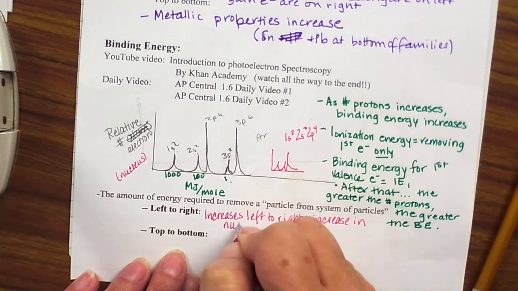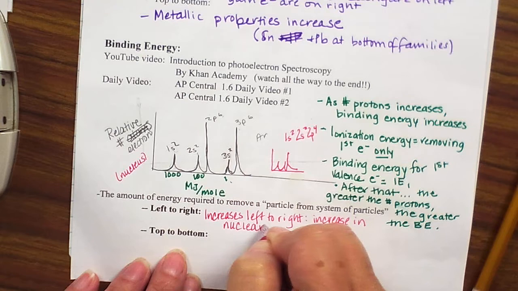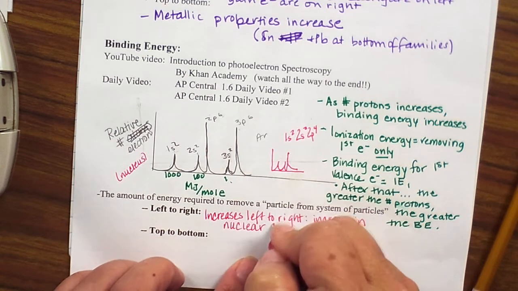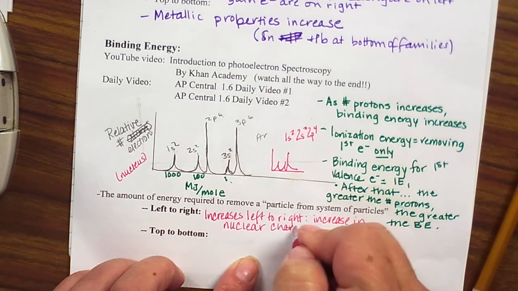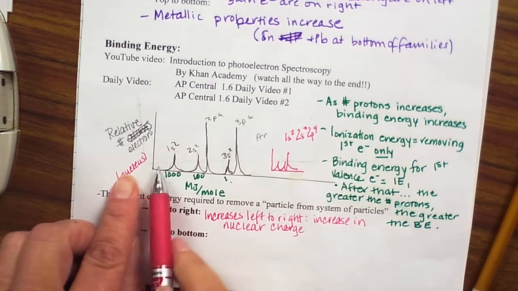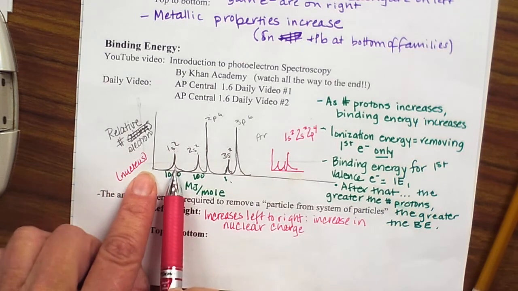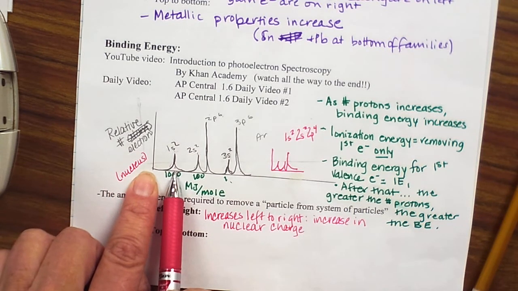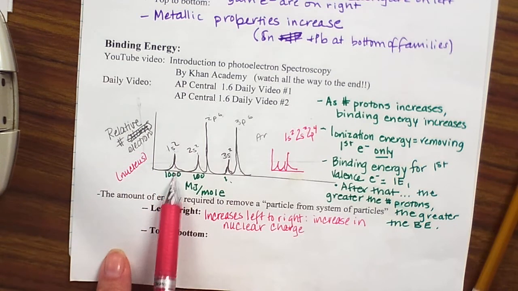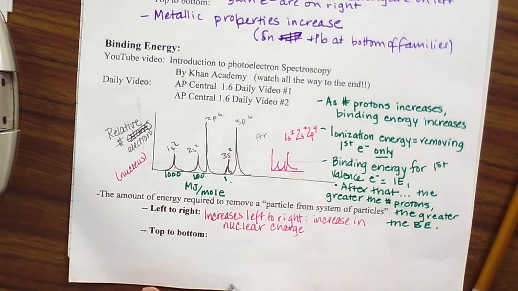Well, that makes sense, because we're talking about pulling off these electrons. Just like the ionization energy, if this nuclear charge increases, it's going to take more energy to pull these off, right?